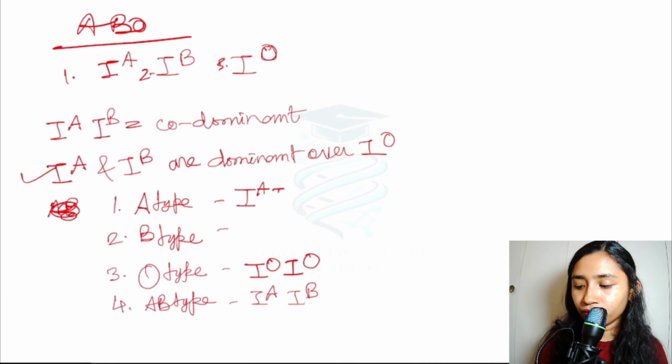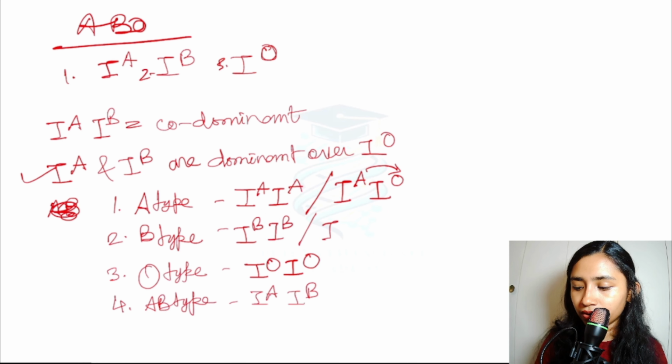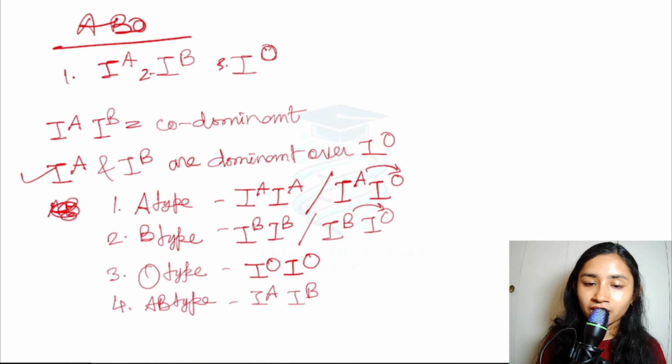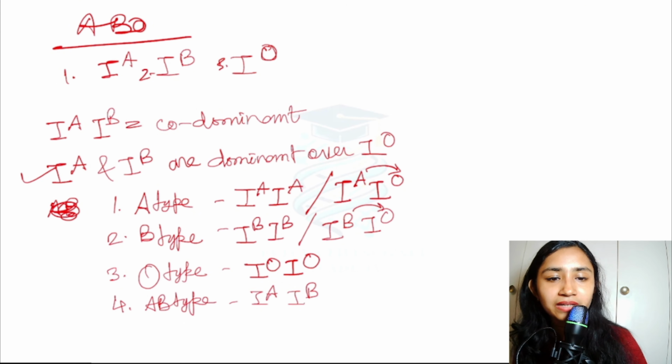Either both alleles are IA, or one allele is IA and another is IO, because we know A is dominant over O, so the phenotype will be A blood group. And the same is the case for B. It can be IB IB, or it can be IB IO, because B is dominant over O. So by this we can determine the blood group type.